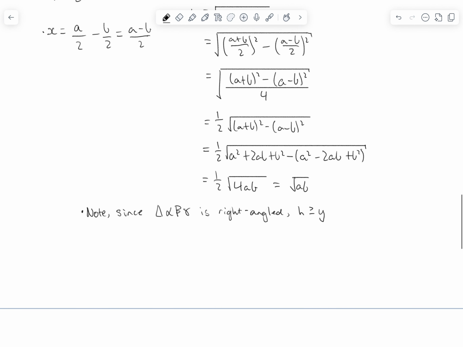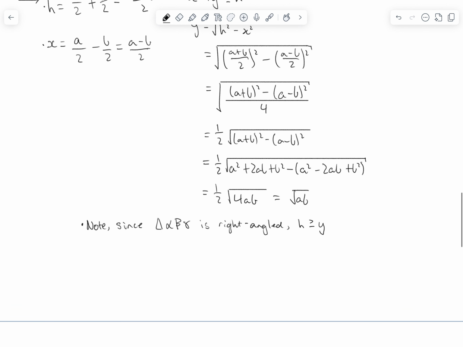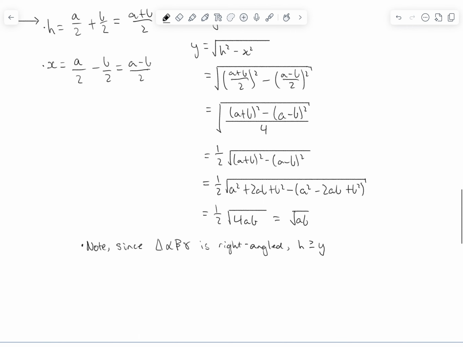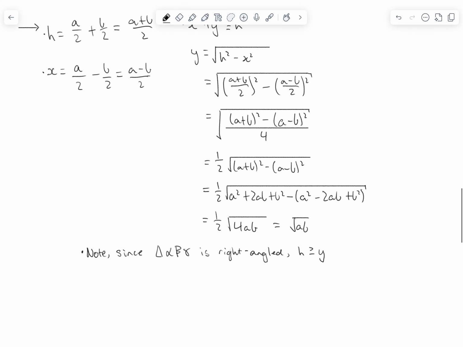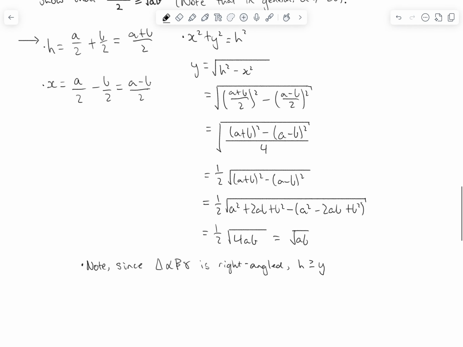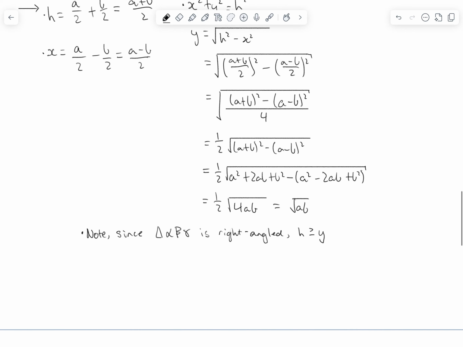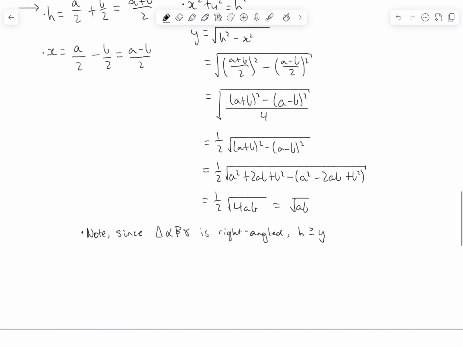Well, the reason I've chosen this inequality is because we have an expression for h, which is a plus b over 2.